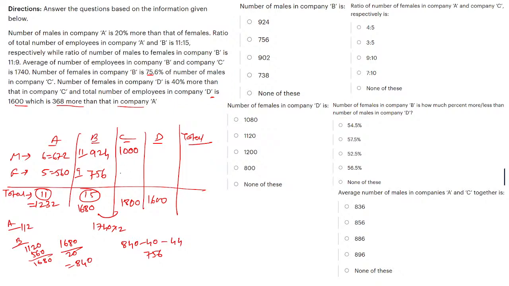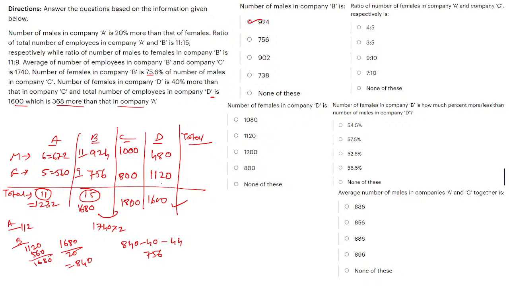Now if this is 100, so this is 1000, this is 800. Number of females in company D is 40% more than that in company C. 40% more, this is 800. So 40% more means 320. So 1120. Done. Now number of males in company B, that is 924.